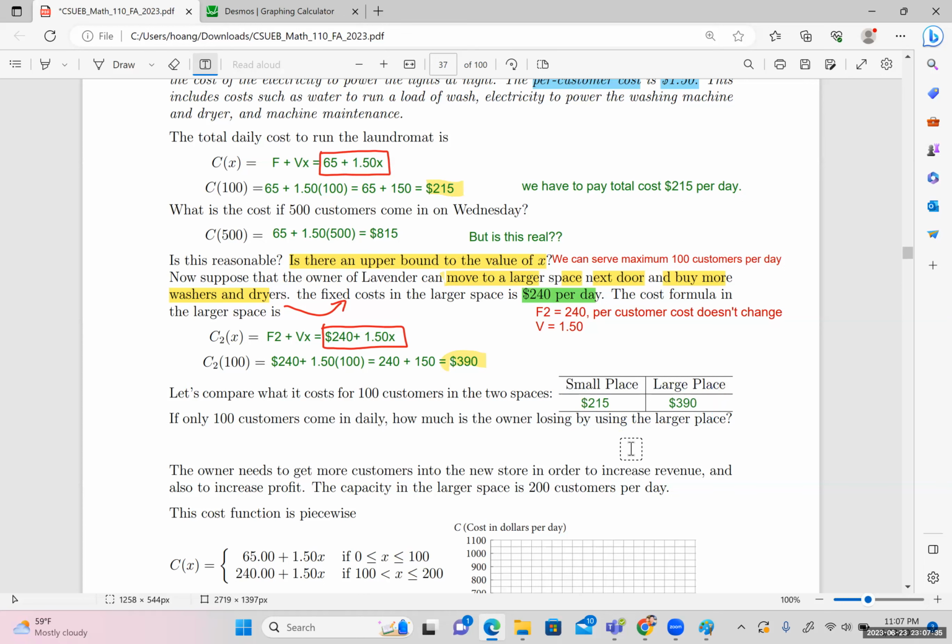All right. So if only 100 customers come in daily, how much is the owner losing by using the larger space?